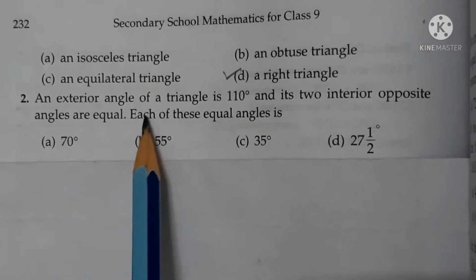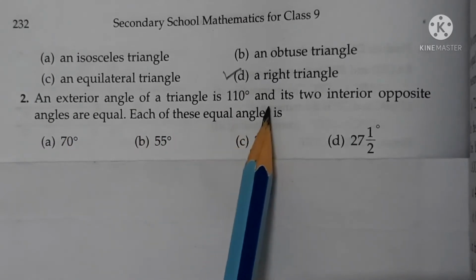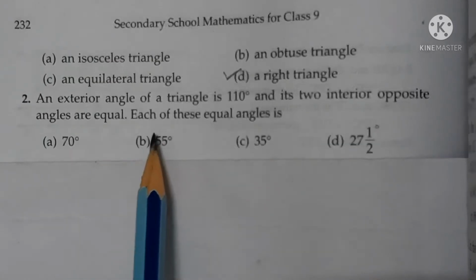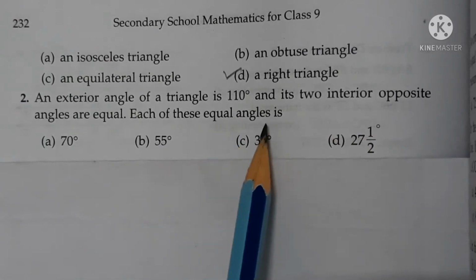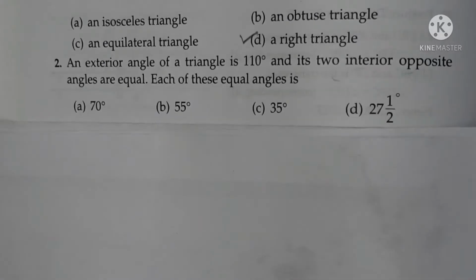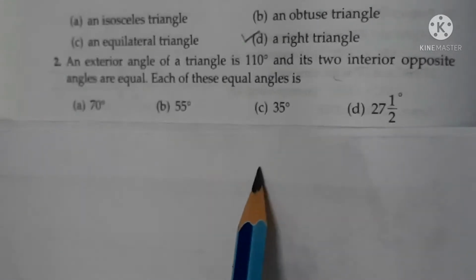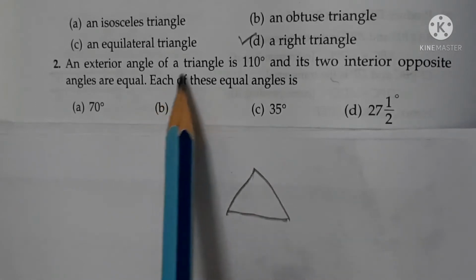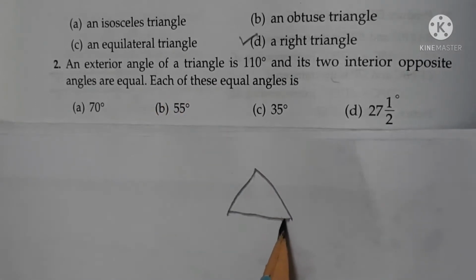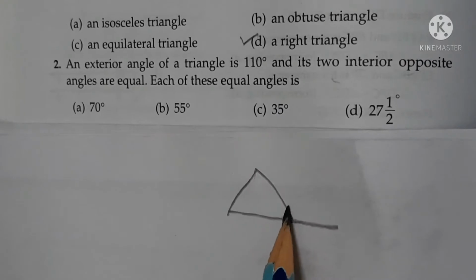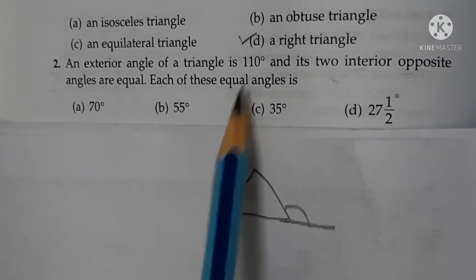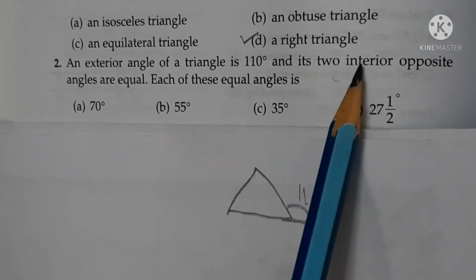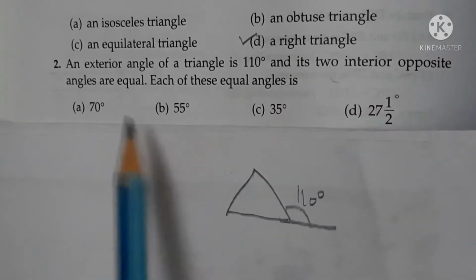An exterior angle of a triangle is 110 degrees and its two interior opposite angles are equal. Each of these equal angles is. Now this is a triangle. Suppose this exterior angle is 110 degrees, and these are its two interior opposite angles.